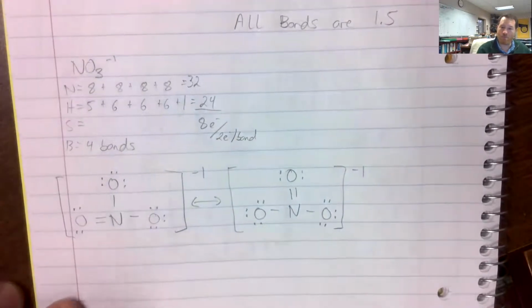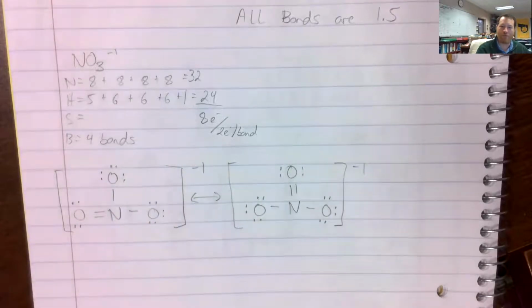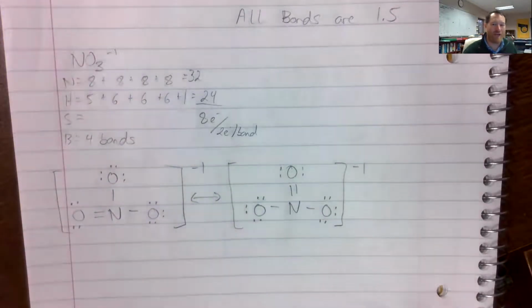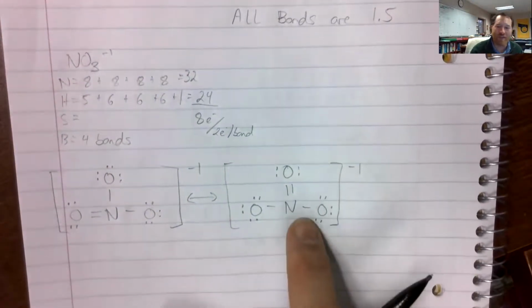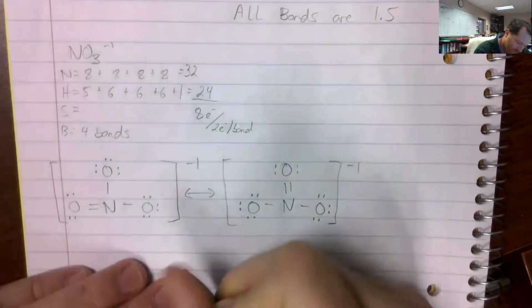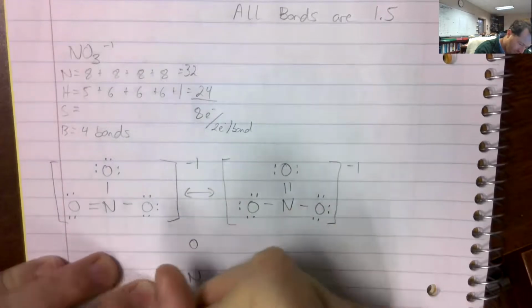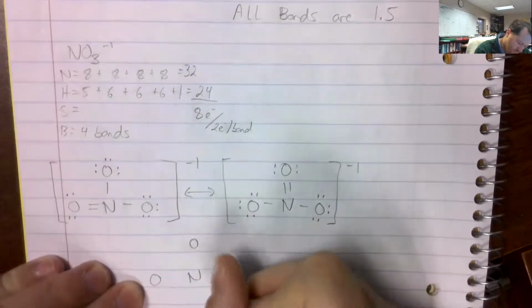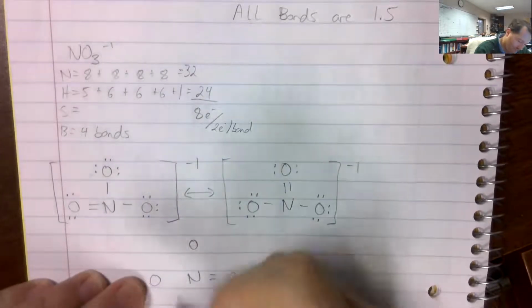Double-headed arrow between them because they're flipping back and forth. And then one more time. No reason why that double bond can't be over here on the right as well. So guess what? Once more, we get to draw it. This time with the double bond on the right.